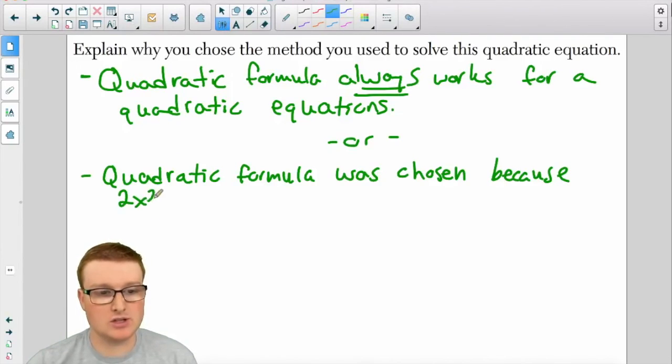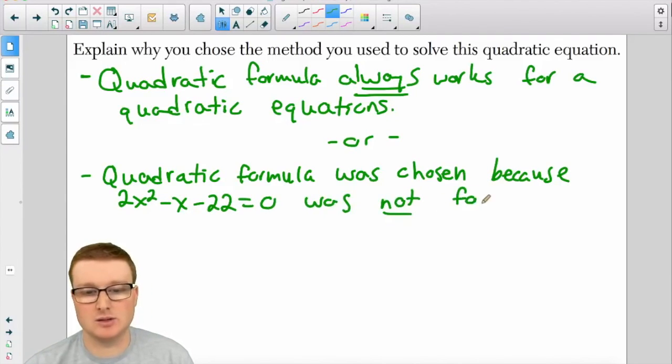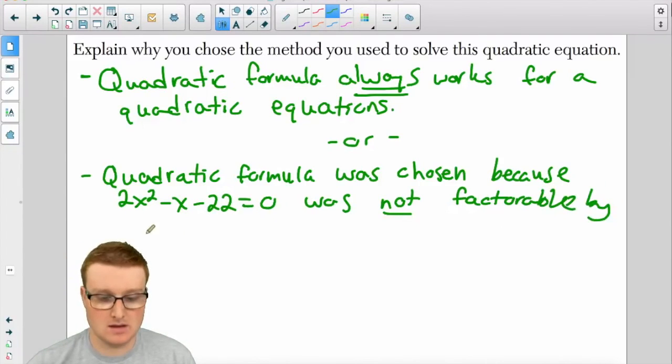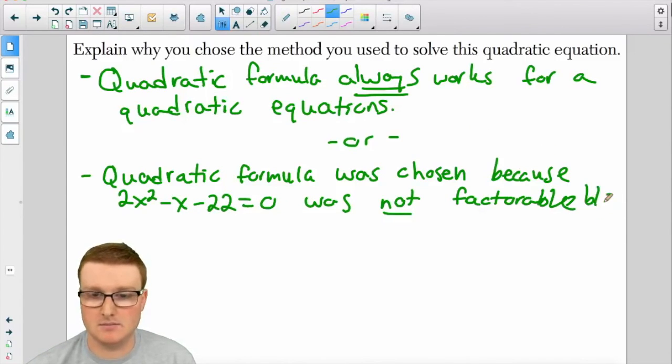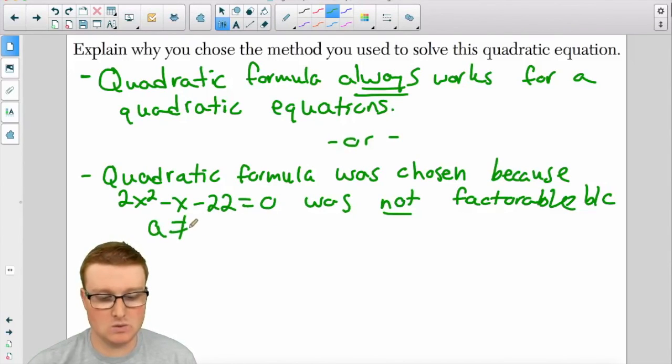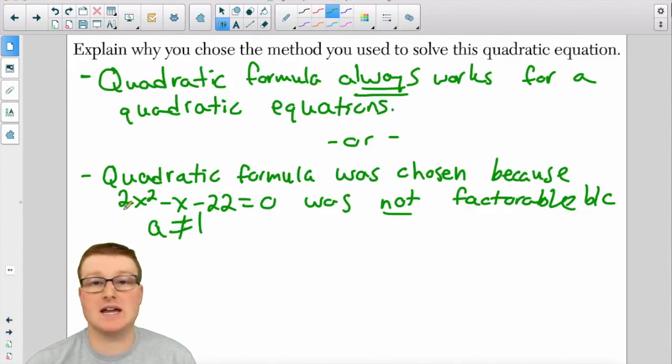Because 2x squared minus x minus 22 equals 0 was not factorable, because, sorry, that should be a, b, c, because a does not equal 1, meaning that the first term does not equal 1, it equals 2, okay?